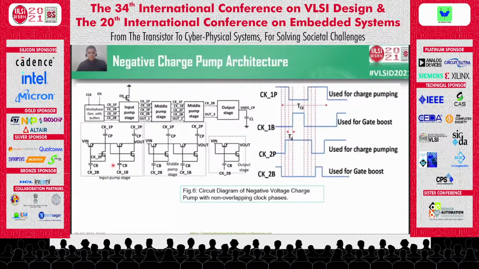And to improve the efficiency of this charge pump, we have used the gate boosting method. This architecture of negative charge pump requires 4 different clocks. So here we can see the different clocks required, where P denotes the pumping clock and B denotes the boosting clock.